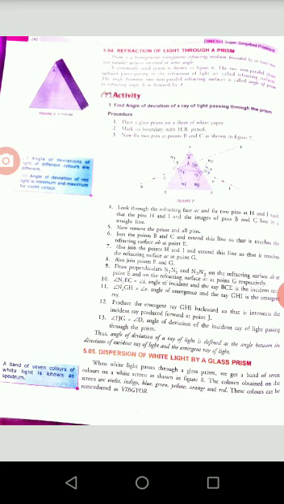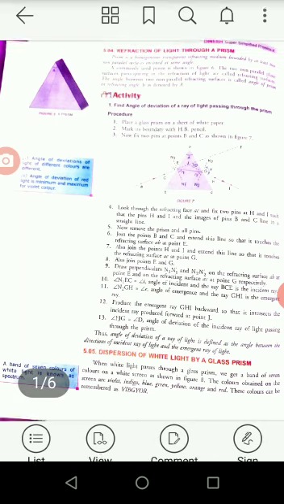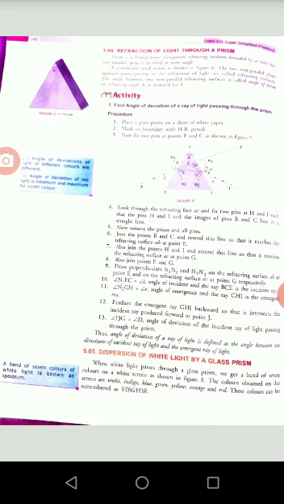Clear? The angle of deviation of light of different colors is different. The angle of deviation of red light is minimum and maximum for the violet color.